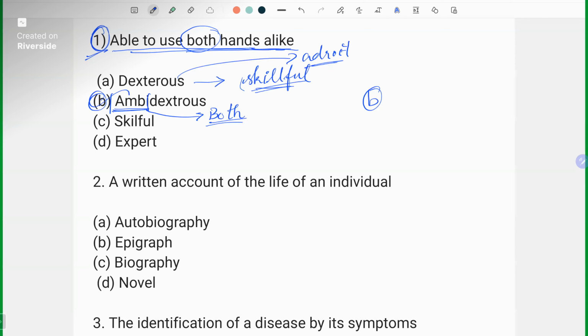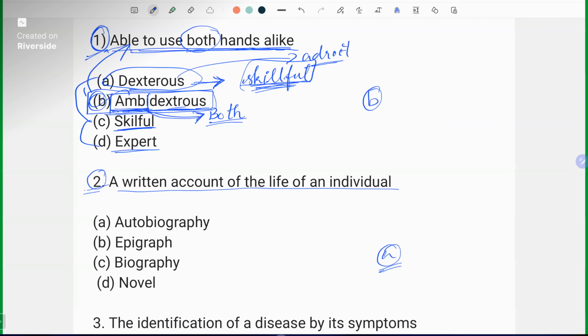Ambidextrous means able to use both hands alike, a person who can write the same way with both left and right hands. If you know dexterous means skillful, you can work out ambidextrous. Can you accept? Thank you.